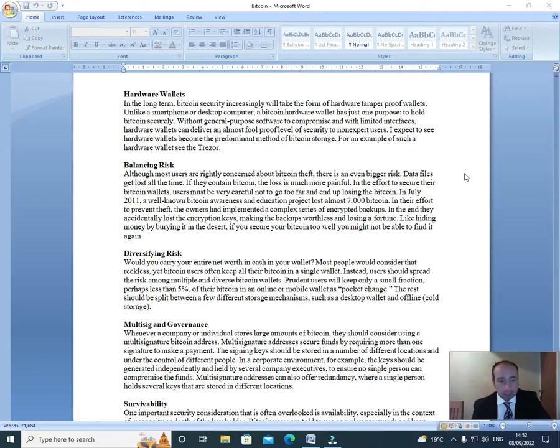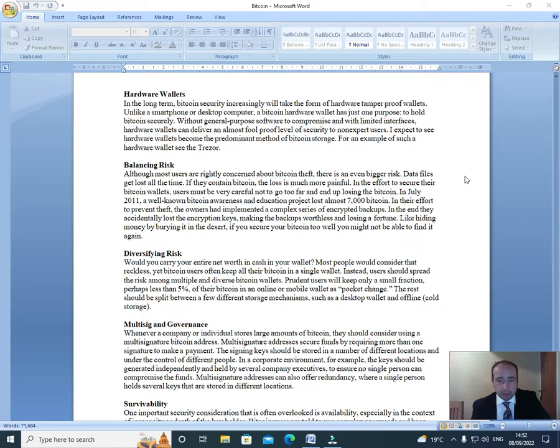Balancing risk. Although most users are rightly concerned about Bitcoin theft, there is an even bigger risk. Data files get lost all the time. If they contain Bitcoin, the loss is much more painful. In the effort to secure their Bitcoin wallets, users must be very careful not to go too far and end up losing the Bitcoin.